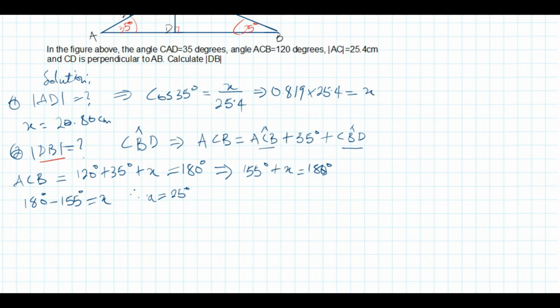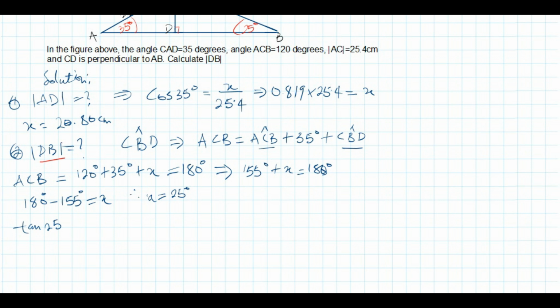To find length DB, we are going to use tan 25. So this is the next part of the second part.